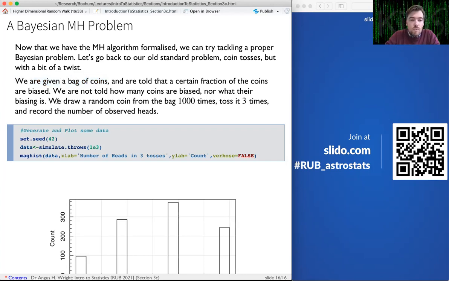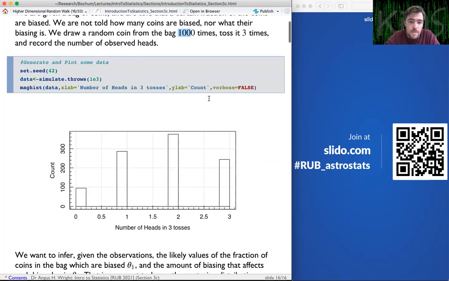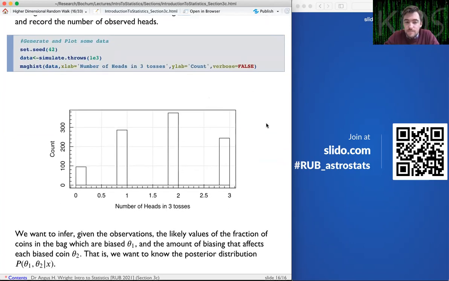We draw a random coin from the bag 1,000 times. We toss it 3 times, and we record the number of heads. This is our data. So we drew 1,000 coins, we tossed them 3 times, and we recorded the number of heads.